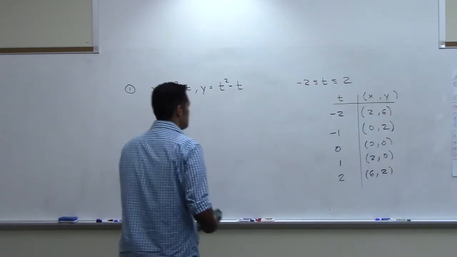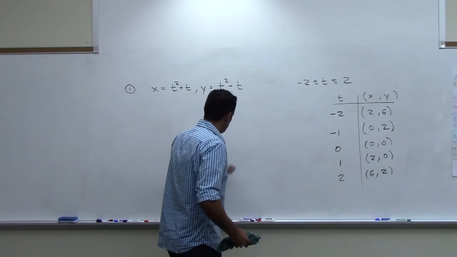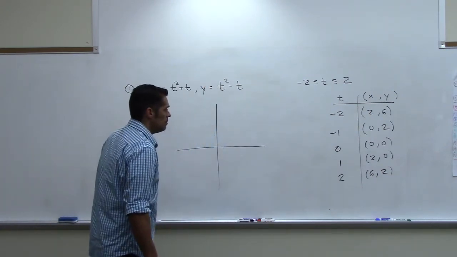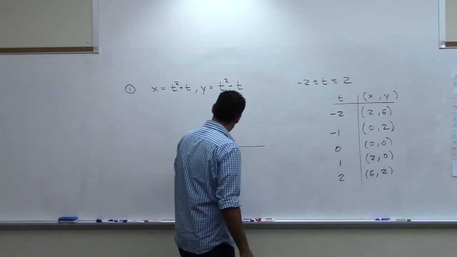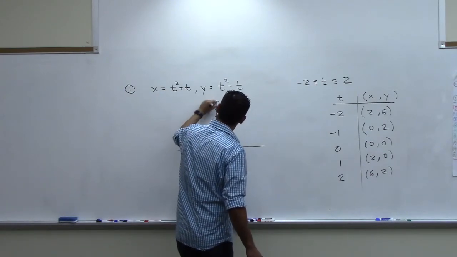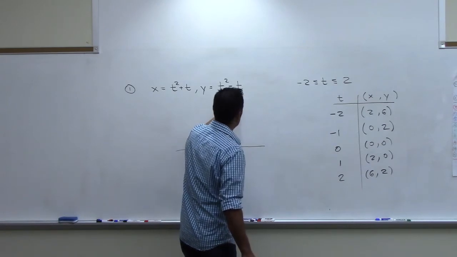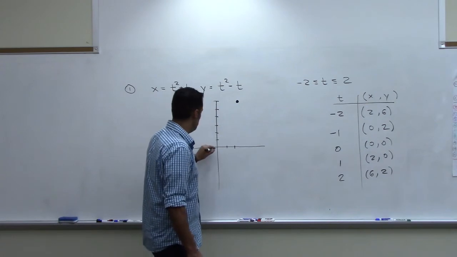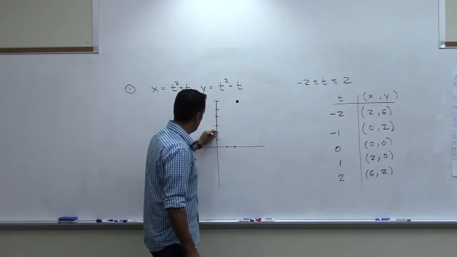All right, so now we'll just plot these points. When we plug in -2, we're at 2, 6, which is right here. And then when we go to -1, we're at 0, 2, right here.